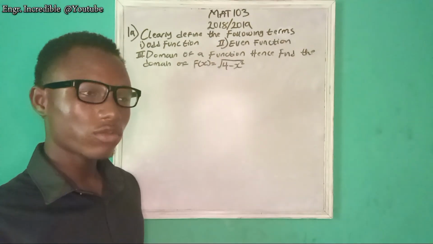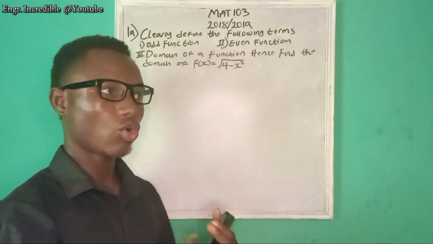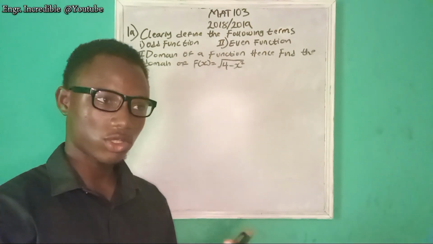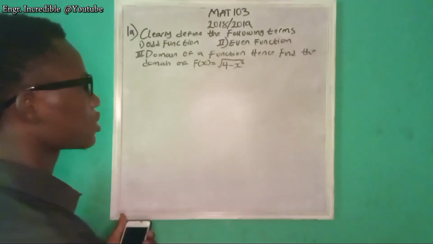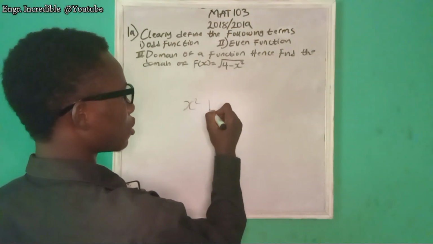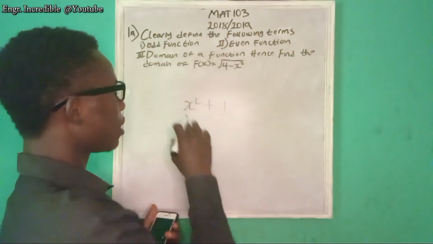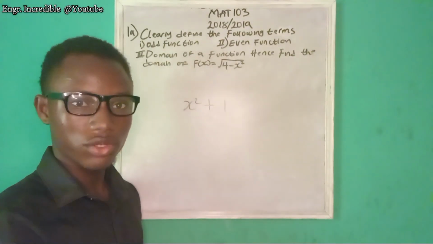Now, the domain of a function is the total set of real numbers that can come out of a function, that can come out of an equation. For example, let's say x square plus 1. In this equation, any number you put into x will always give you a real number.